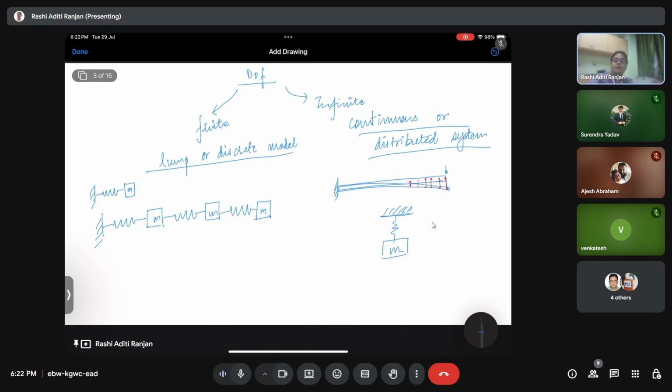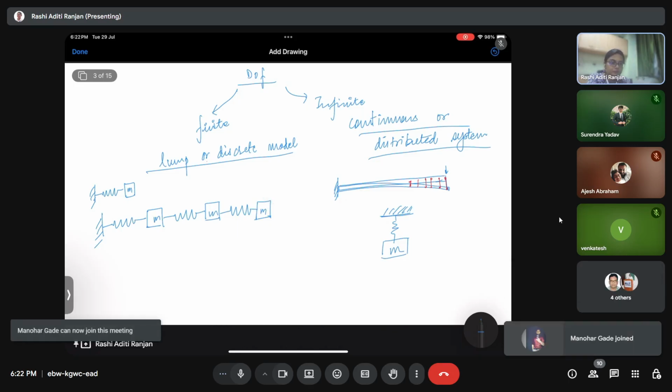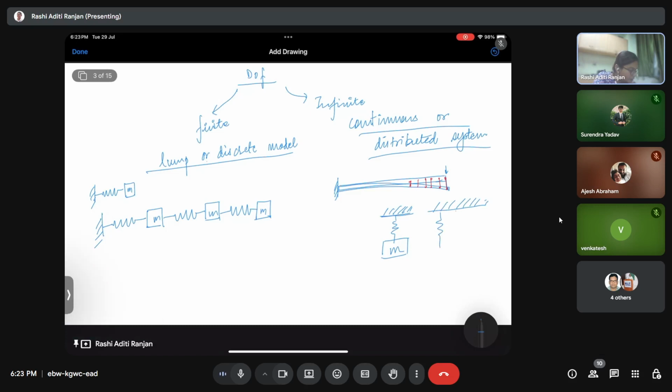I can consider it as a mass and a spring system, which is vertically suspended, right? What I can also do is I can consider multiple springs with a mass, right? But in this case, I am actually taking the system to be something different from what its actual behavior is, right?